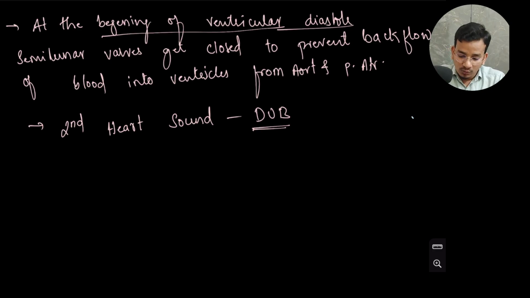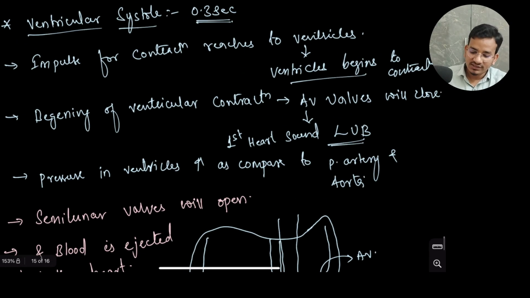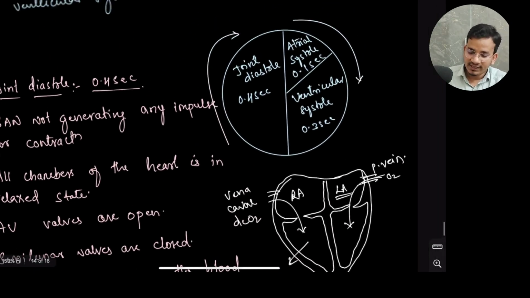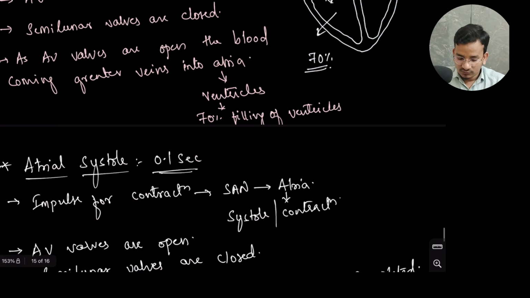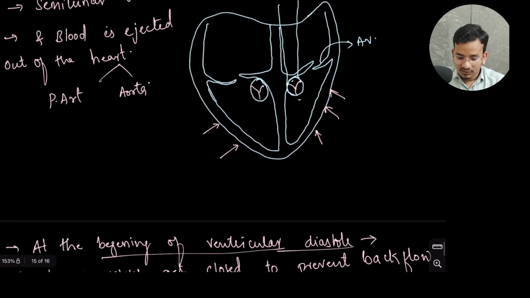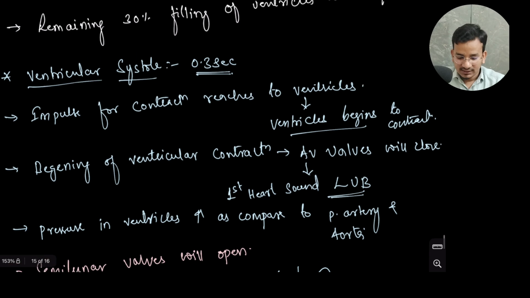Okay, so after ventricular systole the next step is started, that is the joint diastole. Now you can see here this whole cycle will be repeated again. After the SAN generates the impulse for contraction that reaches the ventricle, for a period of 0.4 seconds the SAN does not generate any impulse for contraction.